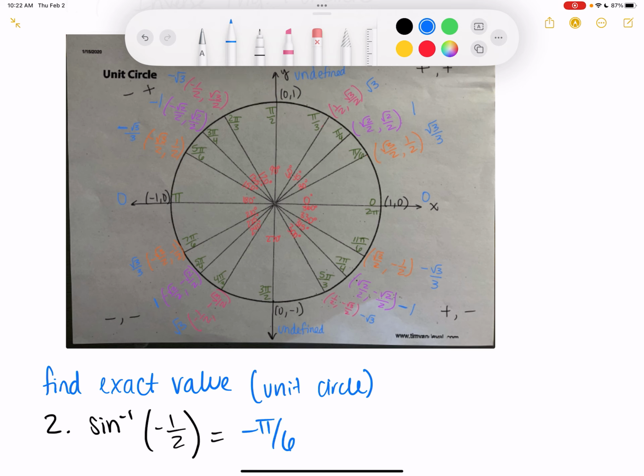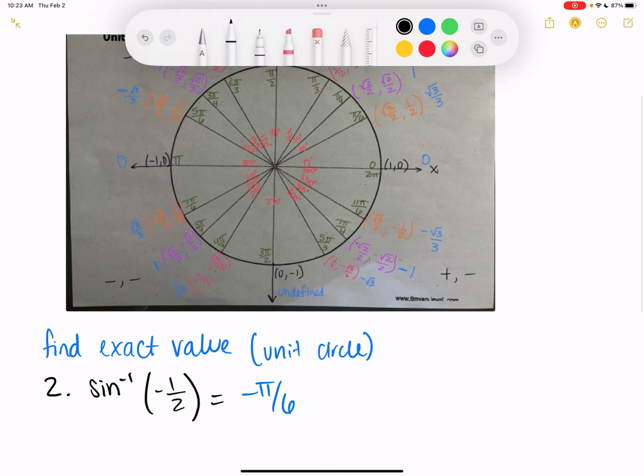Okay. Let me see. For arc cosine of 1, where's cosine equal to 1?